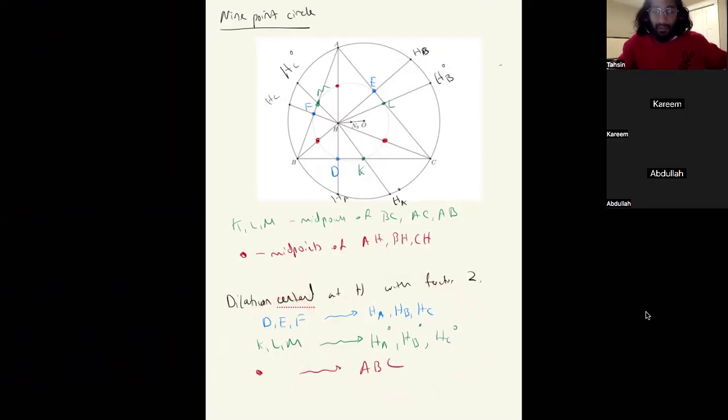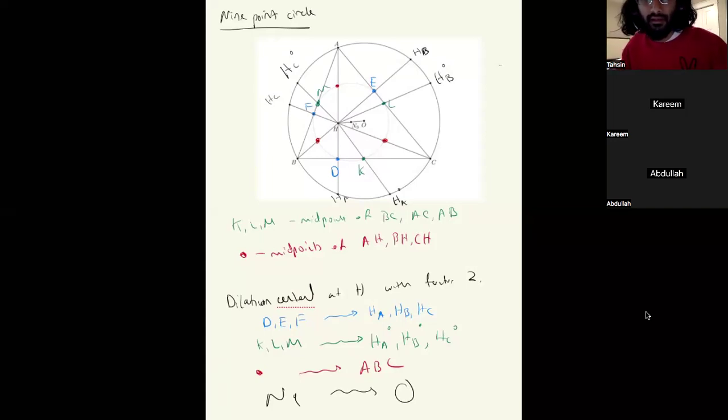And that actually allows you to identify the center of the 9-point circle. Yeah, the centers. Sorry, say again.